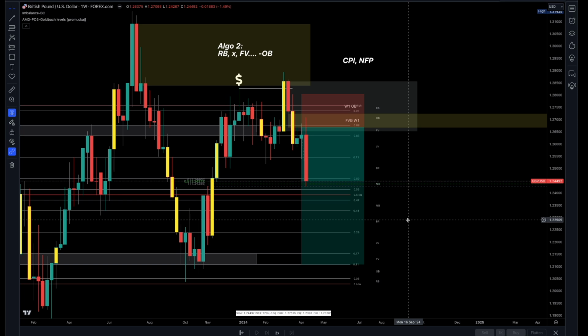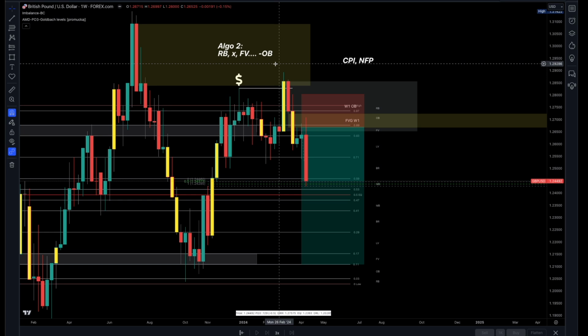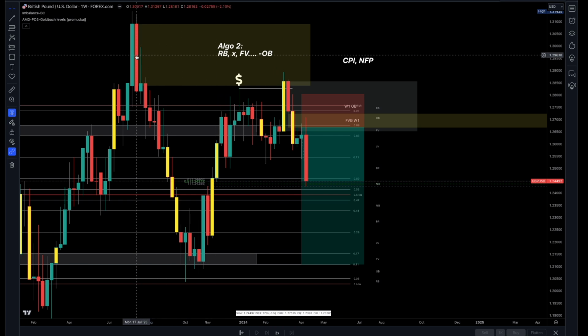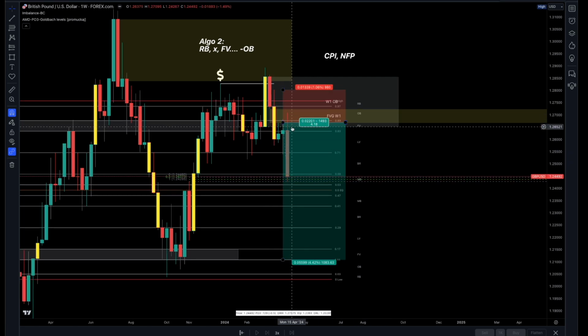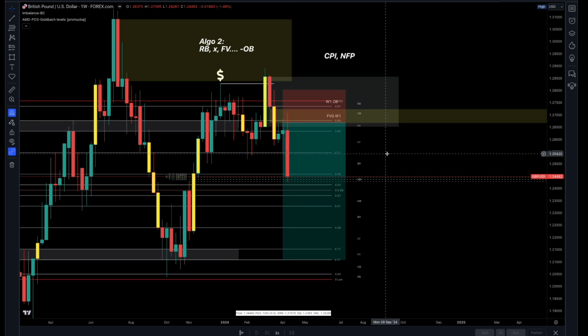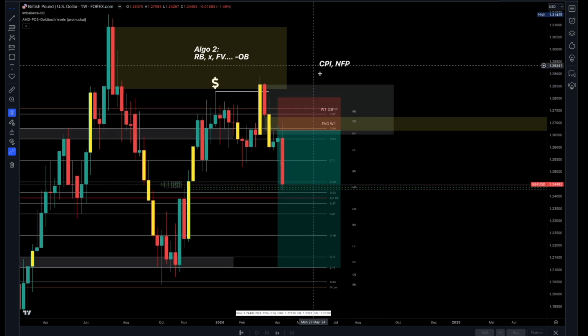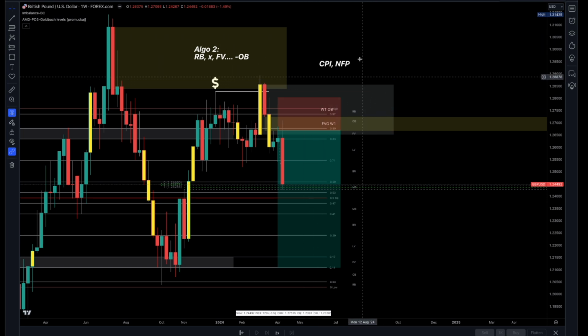I saw a sweep of liquidity into an order block, and that aligned with a Goldbach algorithm. So I knew exactly where my entry would be in this fair value gap. It's a true fair value gap. And then I had a catalyst which would allow price to move. That was CPI and NFP.